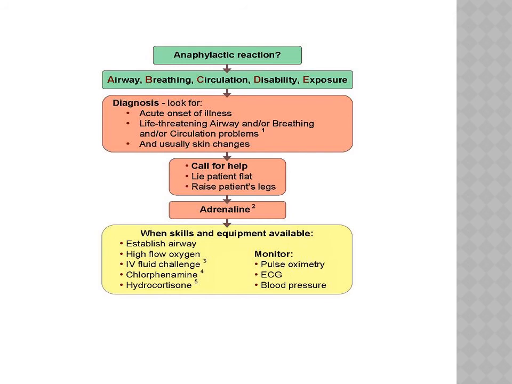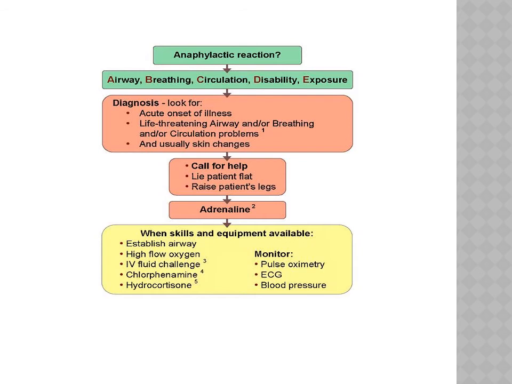So for anaphylactic reaction, we want to immediately think about the A, B, C, D, E. We want to inspect the airway, the breathing, the circulation, disability, exposure. You want to manage any kind of acute life-threatening airway or breathing or circulatory problems. The patient needs to be flat. You want to raise their legs to promote the return of circulation to the heart.